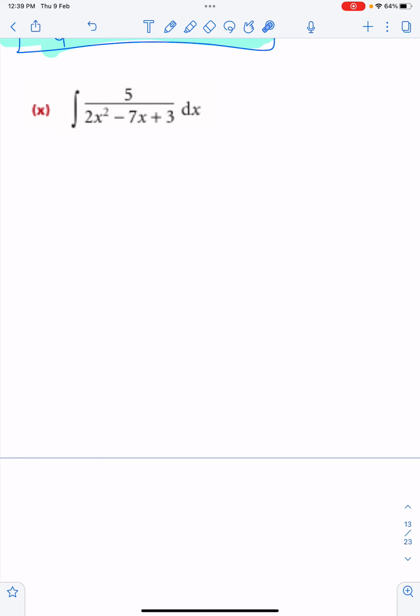If I factorize 2x squared minus 7x plus 3, I will get 2x squared minus 6x minus x plus 3.